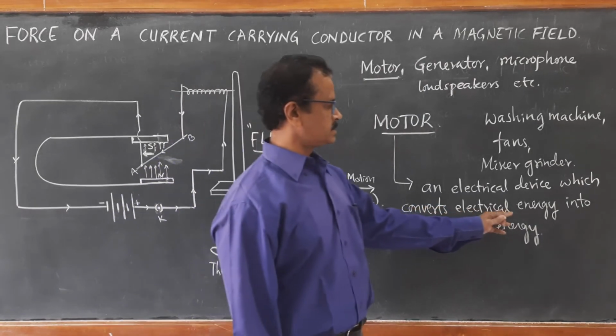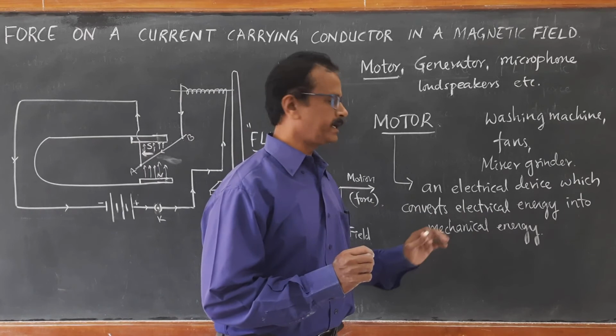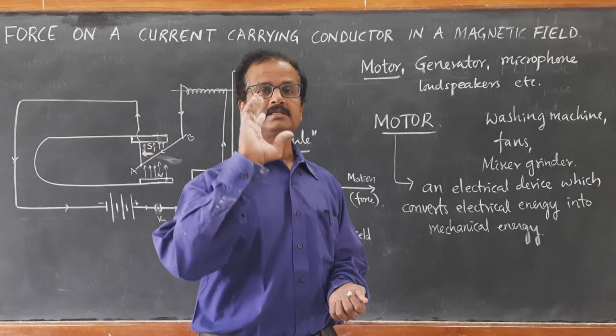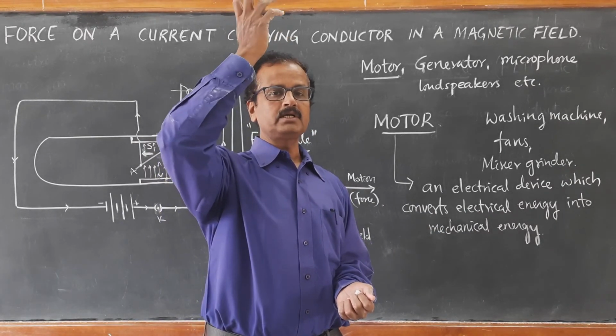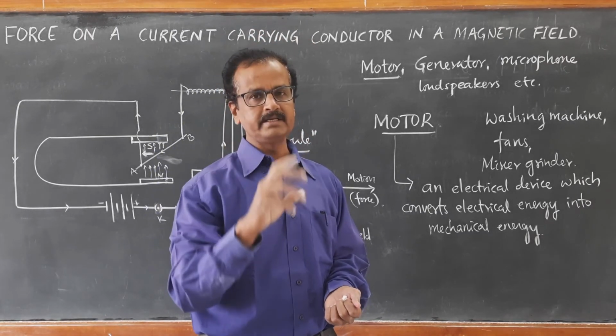Electrical energy is supplied through the supply of electric current. What is mechanical energy? Mechanical energy is the sum of the potential energy and kinetic energy, like that of the rotating blades of the fan in the case of a fan.